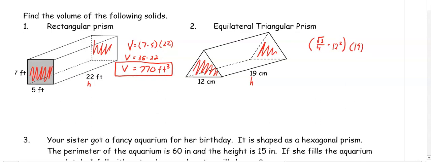So if we multiply first root 3 over 4 times 12 squared, remember, don't put the root 3 in your calculator, we should get 36 root 3 times 19, and that gets us 684 root 3 centimeters cubed.